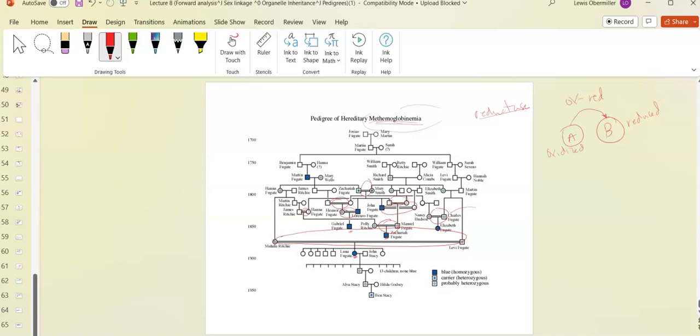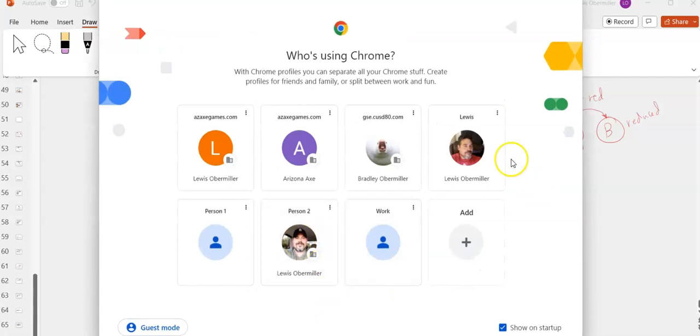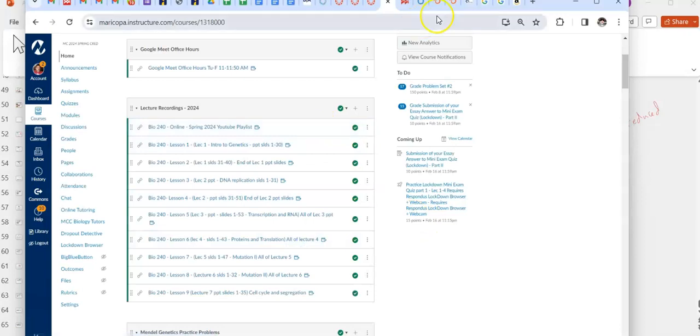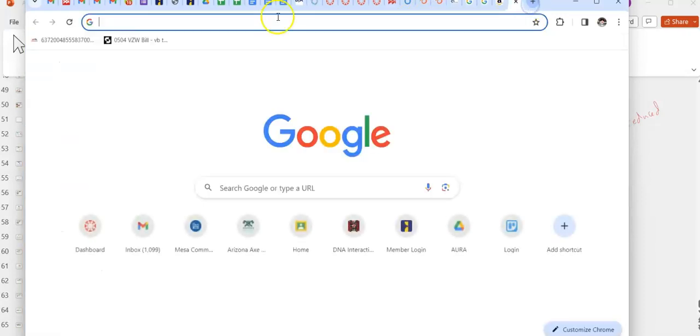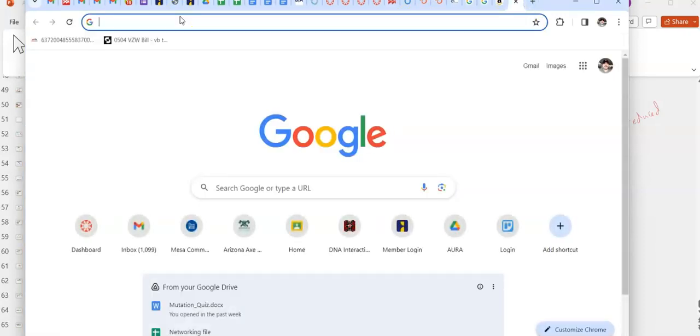But it could easily be hemophilia that kills you. And I'm quickly just going to wrap this up. So let's just look up pedigree.